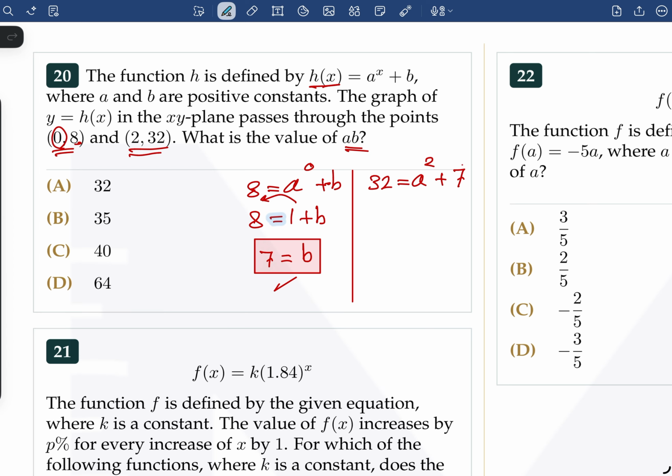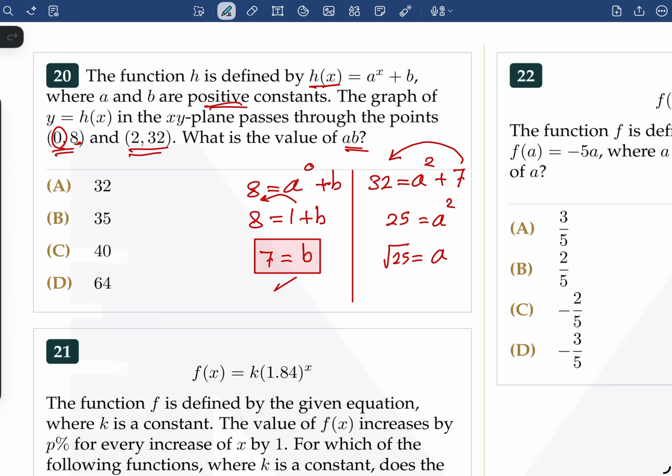Now to get the value of a, we need to get rid of this 7. So a squared is equal to 32 minus 7, which is equal to 25. How can we get a here? By removing this square sign. If you want to get a, we have to write the positive and negative square root of the other number. But because the question says it's a positive constant, we can ignore writing plus and minus.